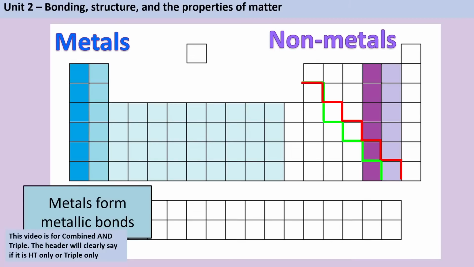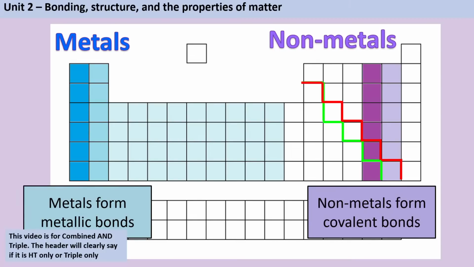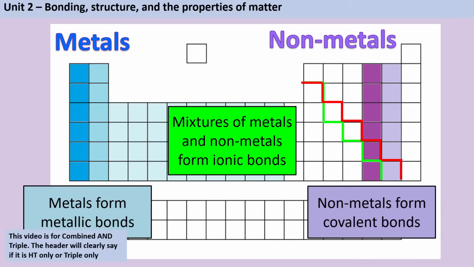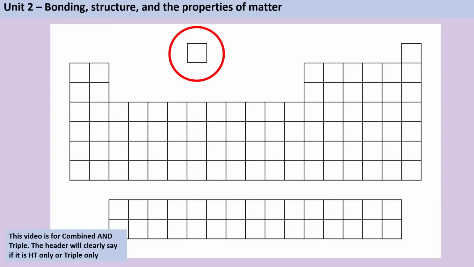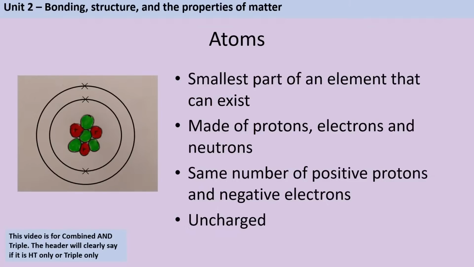So, if you've just got metal atoms, you're going to form metallic bonds. If you've just got non-metal atoms, then you're going to have covalent bonds. And if you've got a mixture of each, you're going to have ionic bonds. Folks, I'm going to do everything, but the vast majority of it is in both papers. And then, as we said, hydrogen on its own is a non-metal.